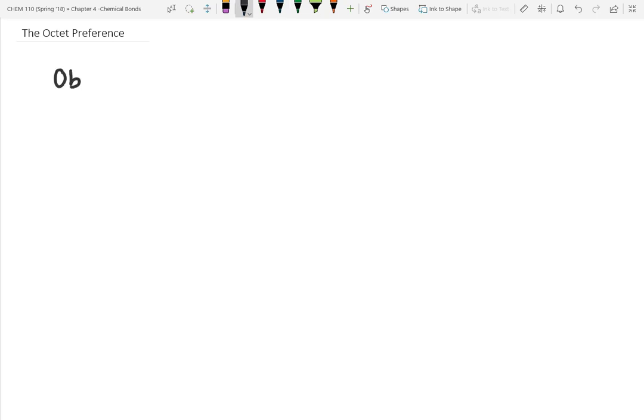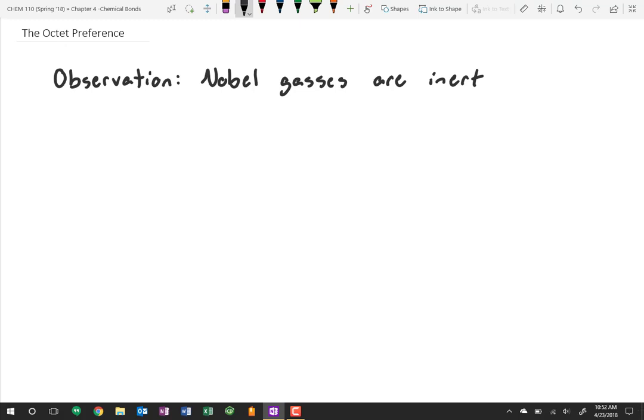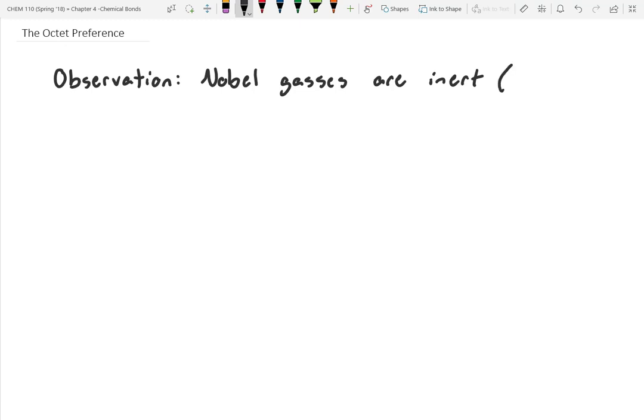So let's kind of describe this. The observation that these chemists made was that noble gases are inert. Does anybody remember what inert means? It just means non-reactive. And they have 8 valence electrons.